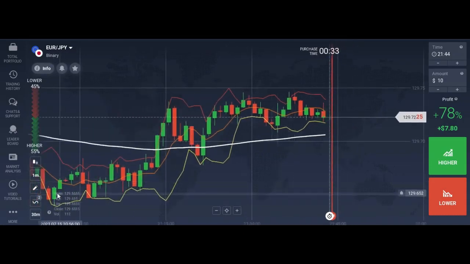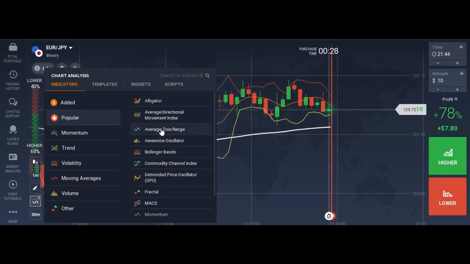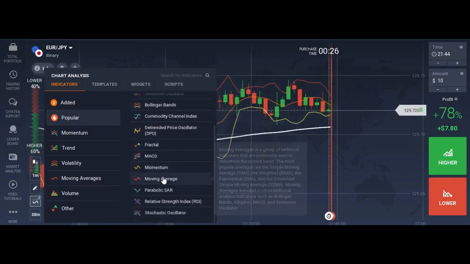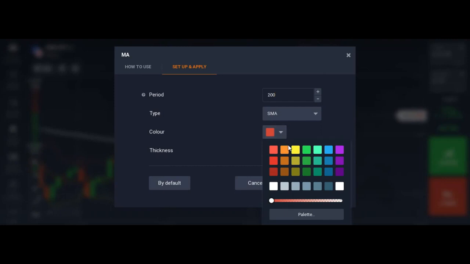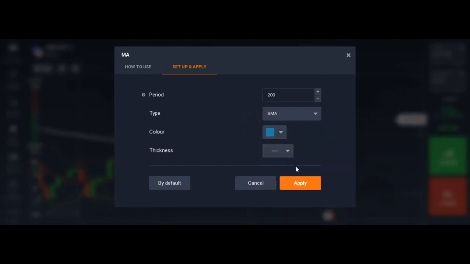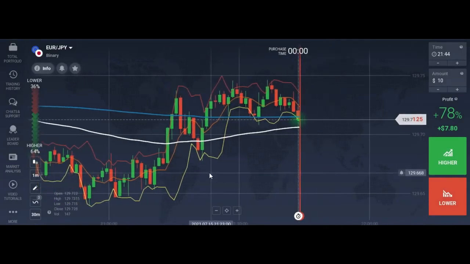We put another moving average again, but this time in period we put 200. In type we put SMA, in color blue, and also a white thickness. Moving averages are indicators that help us identify the market trend.